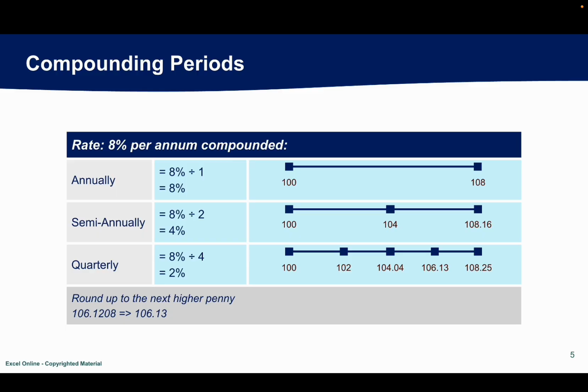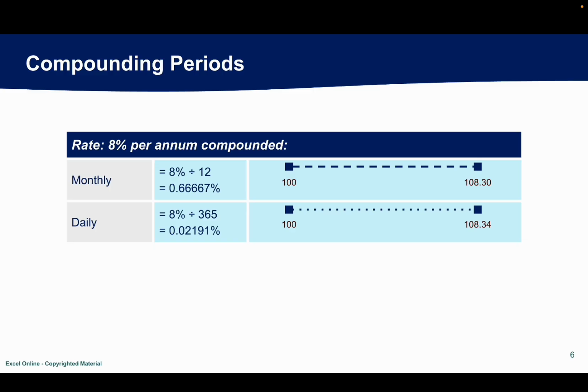And after the third quarter, another 2%, and it becomes $106.13. And for the last quarter, 2% on the previous balance, which becomes $108.25. So before we switch slides, please remember, UBC rounds up to the next higher penny, which can impact your answers.